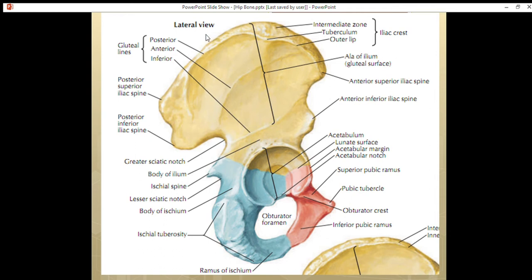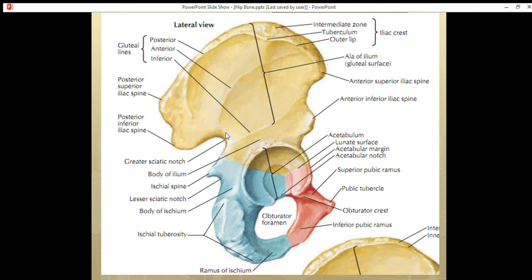Then we can see the posterior gluteal line, which starts 4 to 5 centimeter in front of the posterior superior iliac spine and also ends at the posterior end of greater sciatic notch. Then we have the inferior gluteal line, which starts just below the anterior superior iliac spine and it ends at the greater sciatic notch as well.